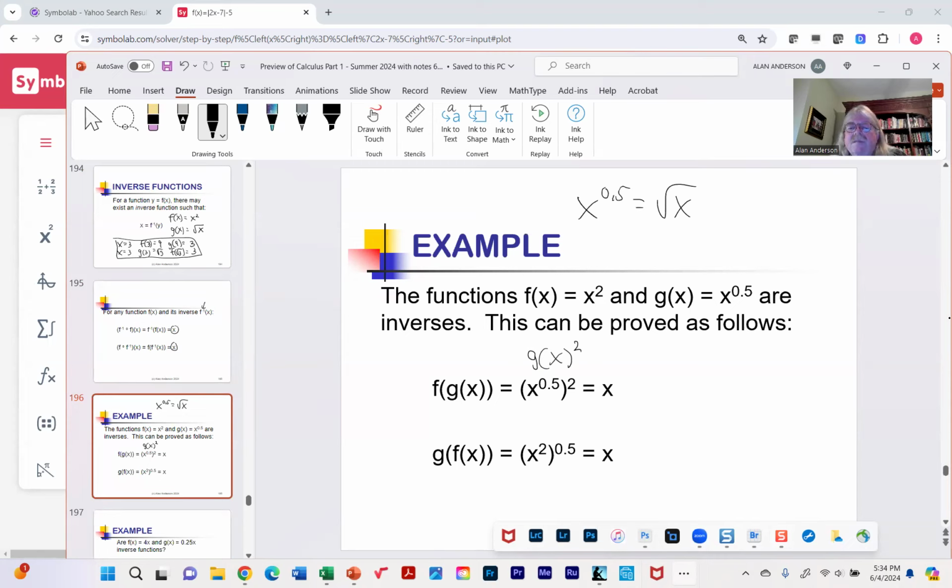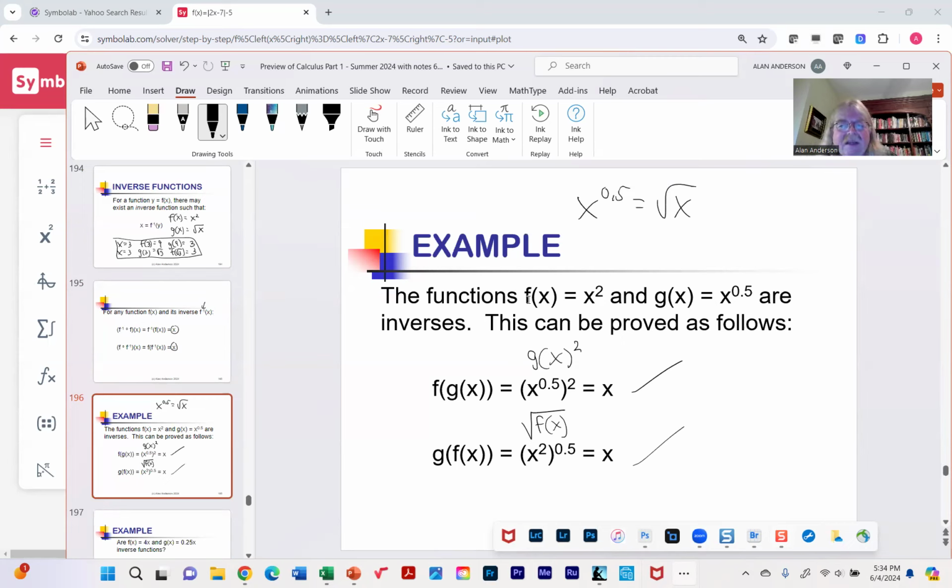Down here, this would be the square root of f of x, which is x squared, and that brings us back to x. So here we have proof that those two functions are inverses.